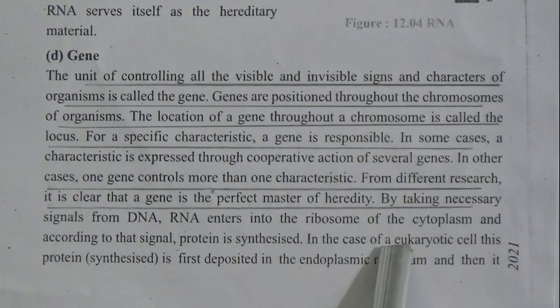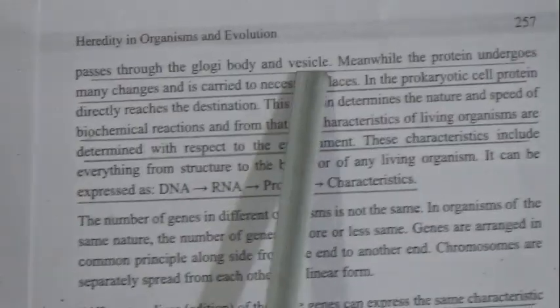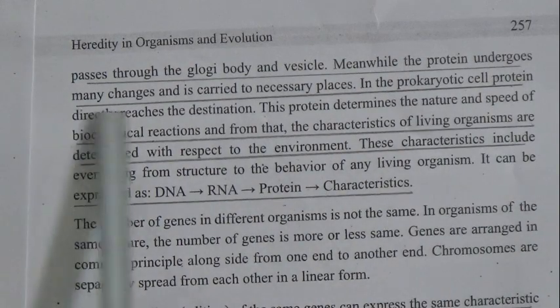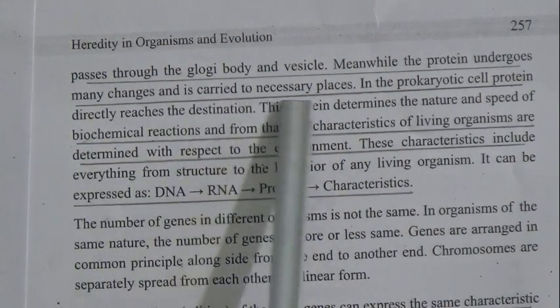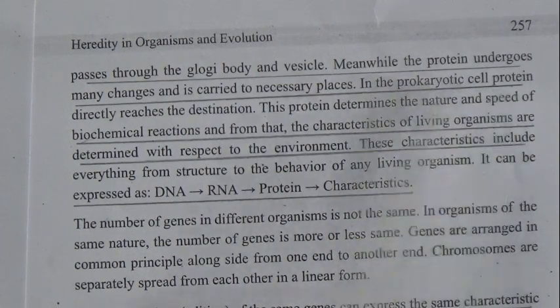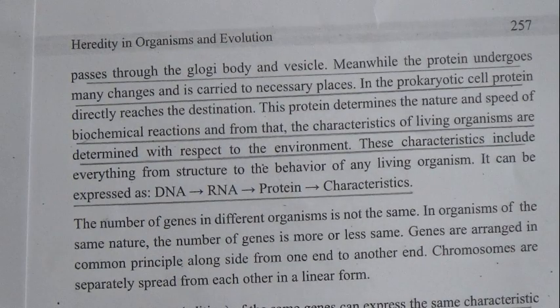In the case of a eukaryotic cell, this protein is first deposited in the endoplasmic reticulum, and then it passes through the Golgi body and vesicle. Meanwhile, the protein undergoes many changes and is carried to necessary places. In the prokaryotic cell, protein directly reaches the destination.